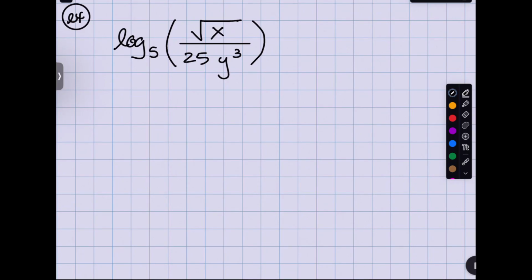Okay. What is the first operation you see? And just so you know, when I say operation, I mean add, subtract, multiply, divide, not square root. Okay? So division, yes? Hence the quotient rule. Yes? Okay.